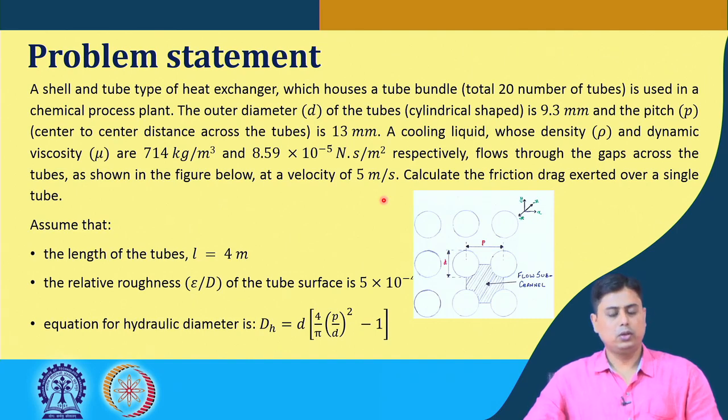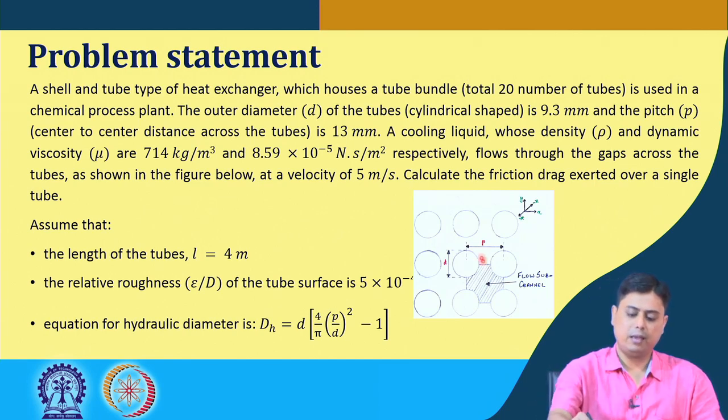Okay. Now, to calculate the Reynolds number for this liquid flowing through the shell side, what would be the diameter, or the equivalent diameter? For flow through a tube, we can easily understand it is the diameter of the tube. Here the flow is happening over the tube and through such gaps.